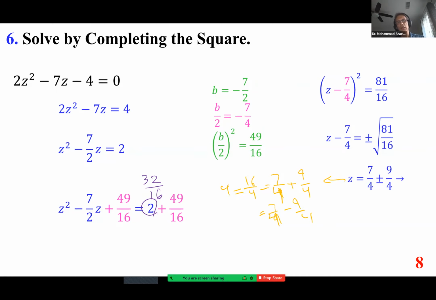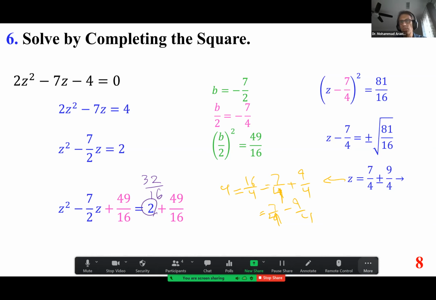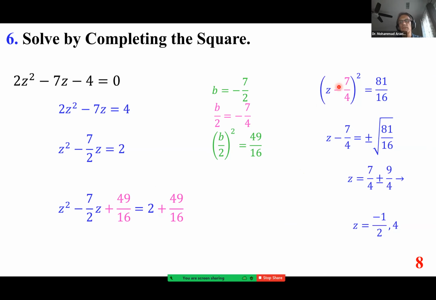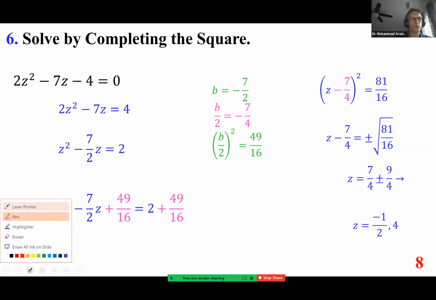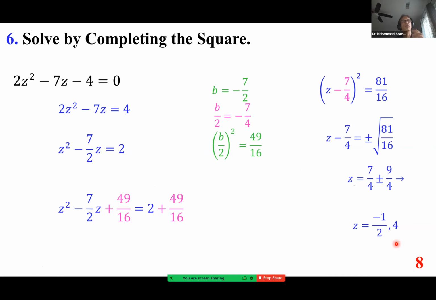Negative 2 over 4 is negative 1/2. And so again, 7 over 4 plus 9 over 4, and 7 over 4 minus 9 over 4, we get those two numbers.